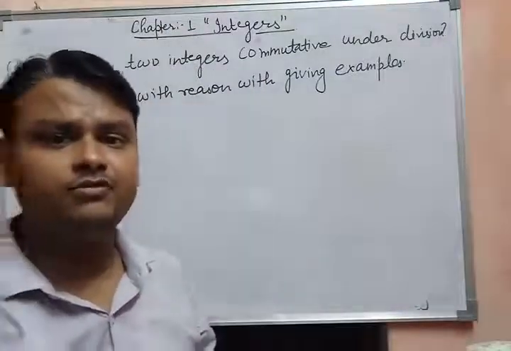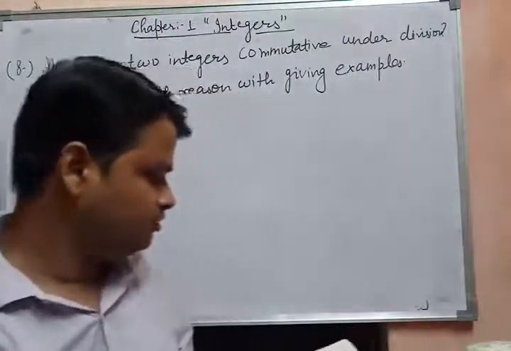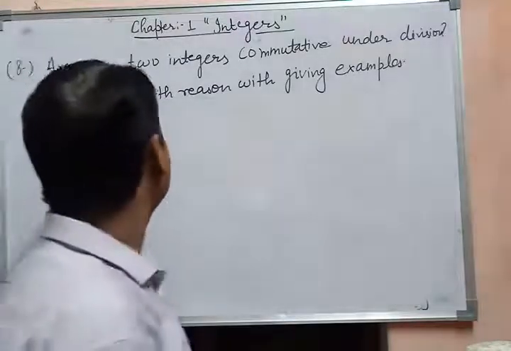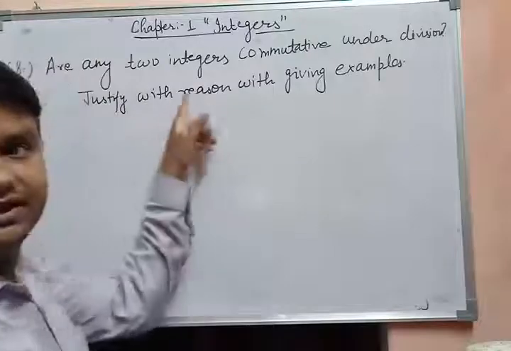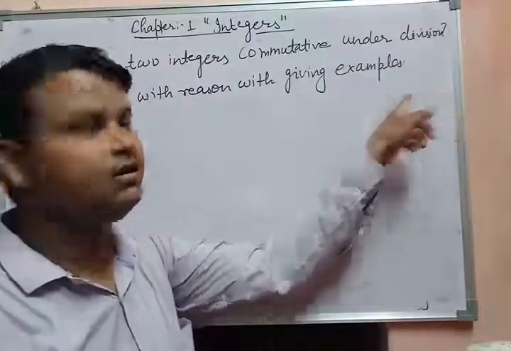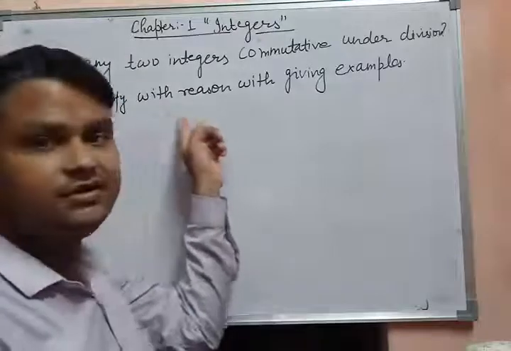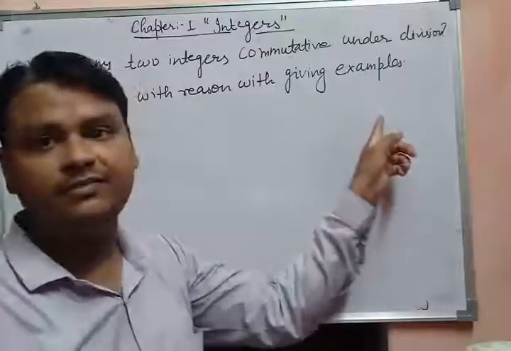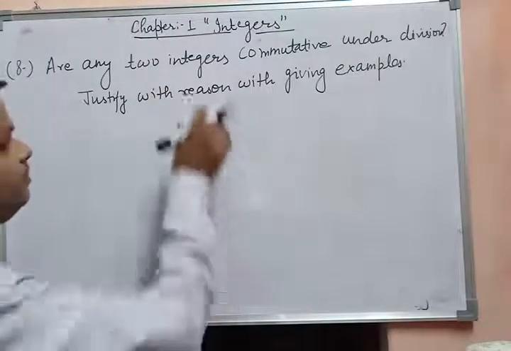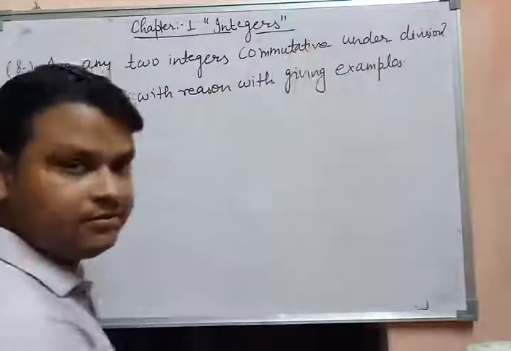Now we have to move on to our next question. Question number 8 says: are any two integers commutative under division? Justify with reason, giving examples. It means the question is asking whether integers are commutative under division.